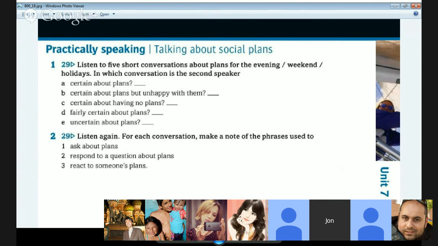Person B, "It depends on my colleagues and their vacation schedules." Person A, "Oh, I see." Conversation 4, Person A, "What are you doing this weekend?" Person B, "We're off to Paris." Person A, "Lucky you." Conversation 5, "Anything nice planned for the weekend?" Person B, "Nothing special. What about you?"